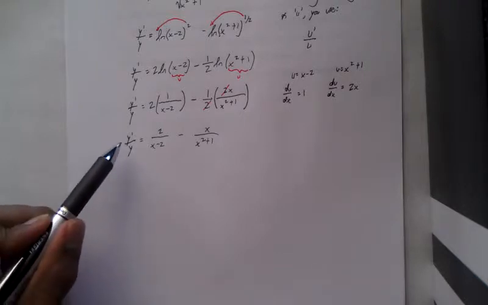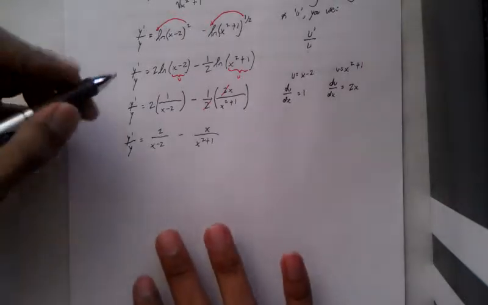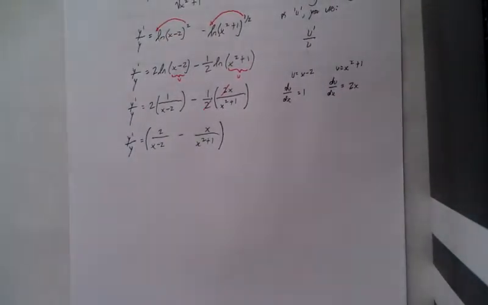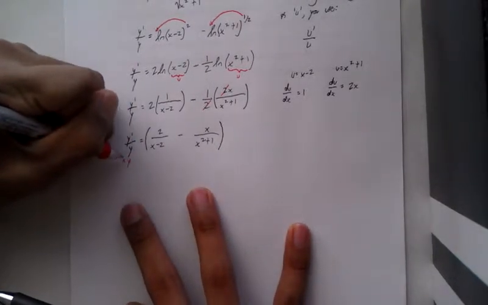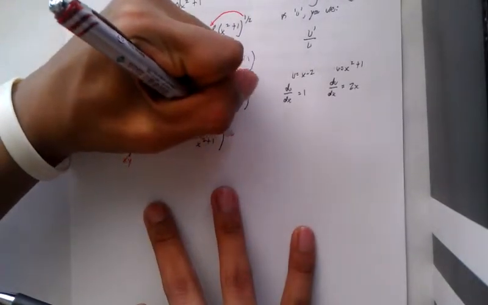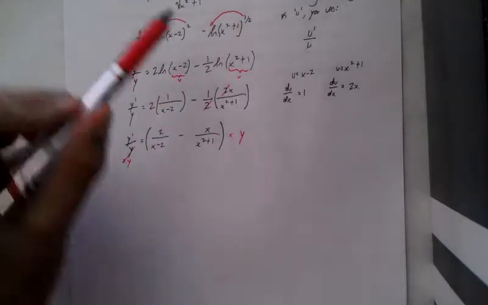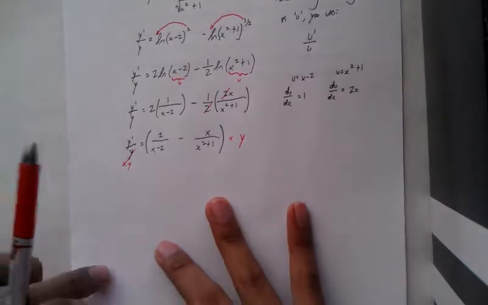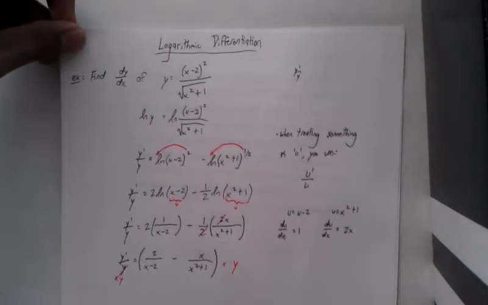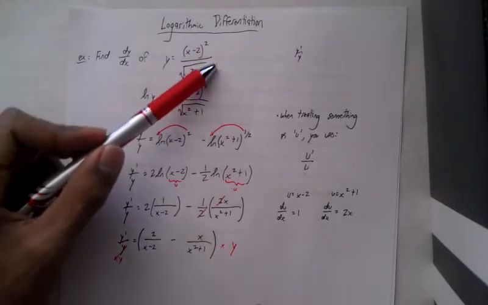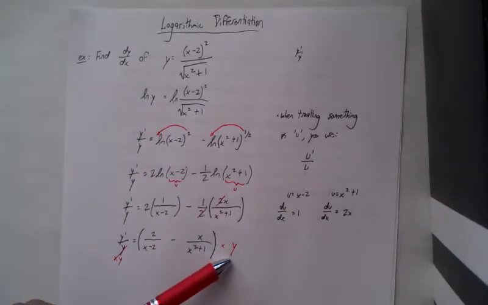So now remember that we want to get y prime by itself. In order to do that, we're going to multiply both sides by y. So that would cancel those out. And now in the next step, for y, I'm going to substitute in our original equation, because here we have y equals this right here, a function that's in terms of x, and that's what we want to get, just x's.